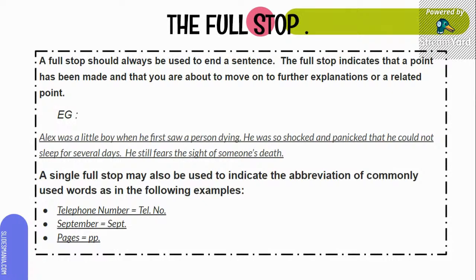When there's no space or we are in a rush, we can just use the short form, which is also commonly known as abbreviation. You can just put in tel. no. That indicates that the abbreviation is telephone number.